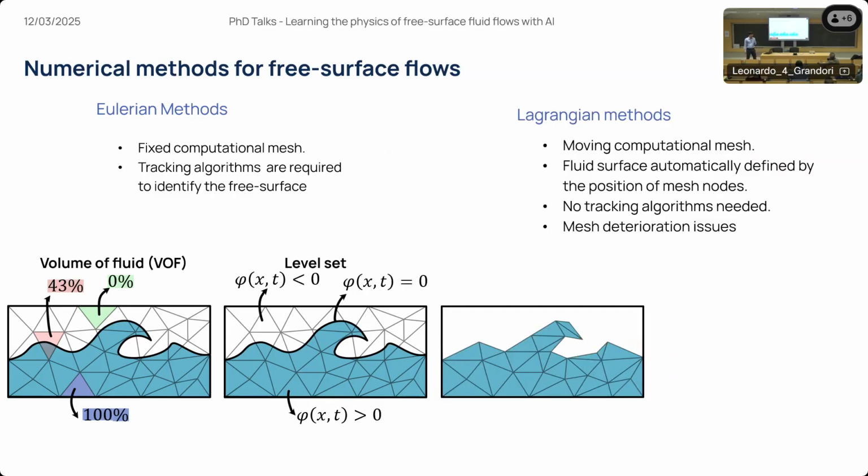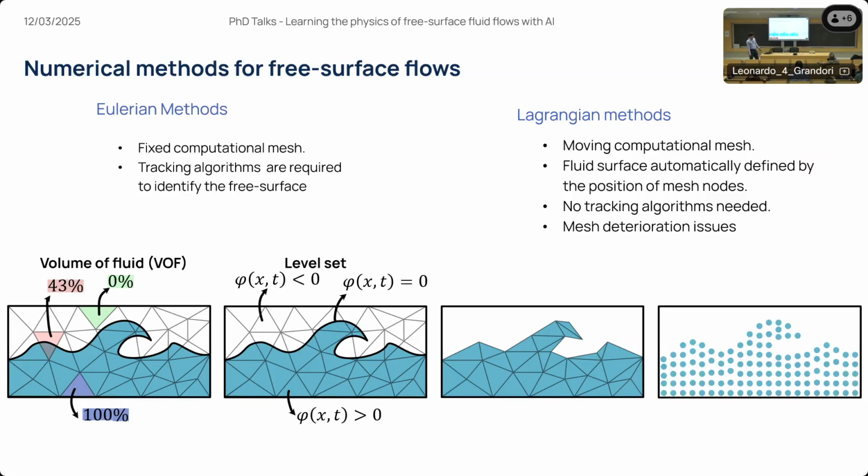On the other side, we have Lagrangian methods that are particularly effective because they naturally track the evolution of the domain, but a great challenge for Lagrangian methods is the fact that during the simulation the mesh can deteriorate because it moves, and bad elements could appear, and it becomes difficult for the numerical method to converge and to have accurate results.